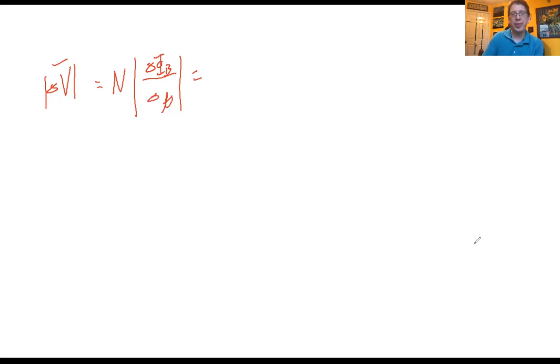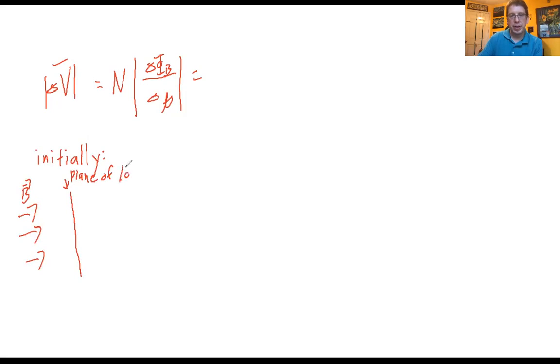So initially, we have B, and it's perpendicular to the plane of the loop. And remember, theta is the angle that B makes with a line that's perpendicular to the plane of the loop.